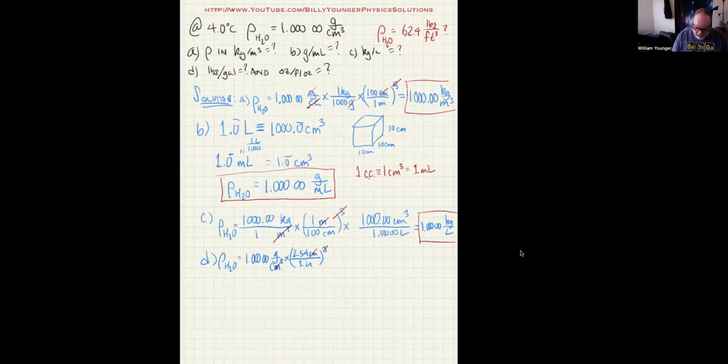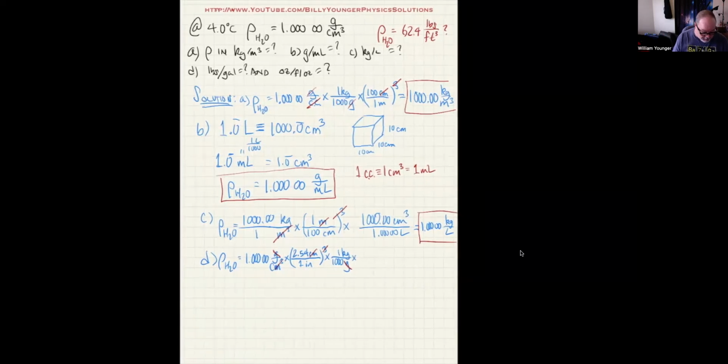And I can also convert that gram to a kilogram. And the way I do that is I say that, in fact, there's 1,000 grams in 1 kilogram. And the reason why I'm going to kilogram is because I happen to know a conversion between kilograms and pounds. So now I can cancel out this g here, and now I'm kilograms per cubic inches. I happen to know, again, a conversion factor between pounds and kilograms.